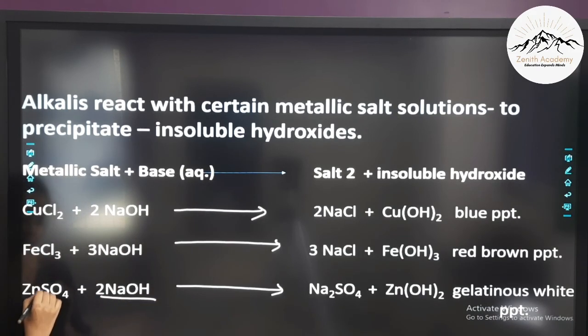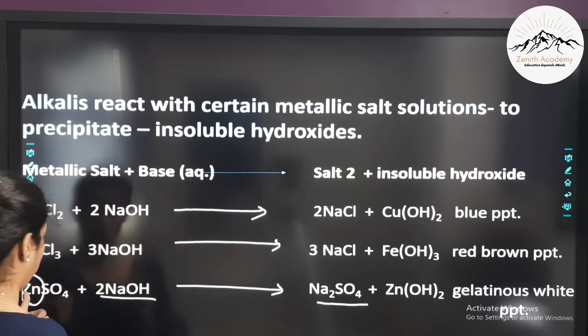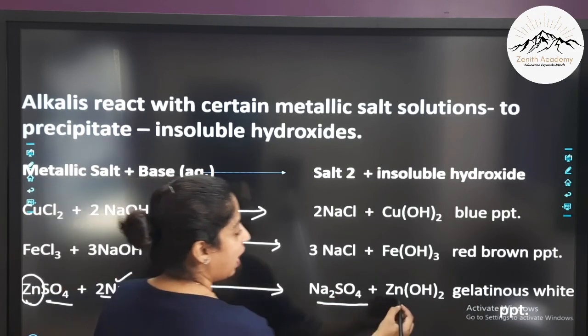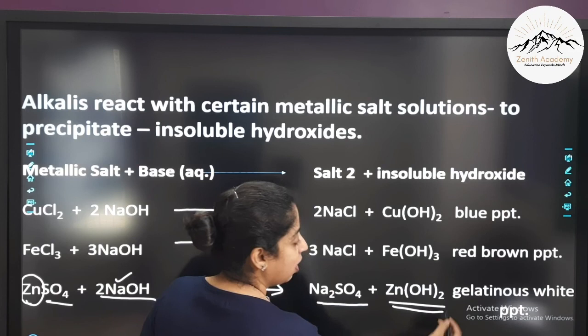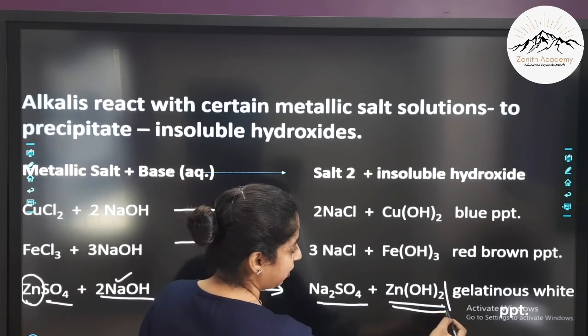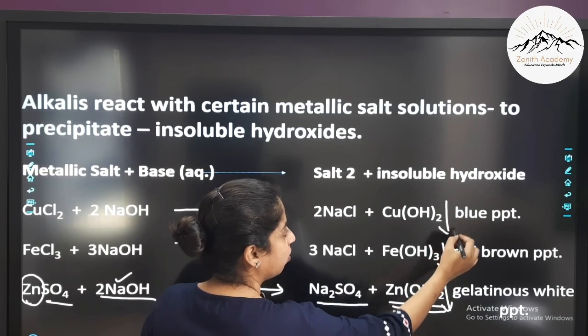When it reacts with metallic salt solution, that is zinc sulfate, it will form another salt, sodium sulfate, and insoluble metal hydroxide. So zinc hydroxide is precipitated. Whenever you are precipitating something, you have to draw a down arrow.